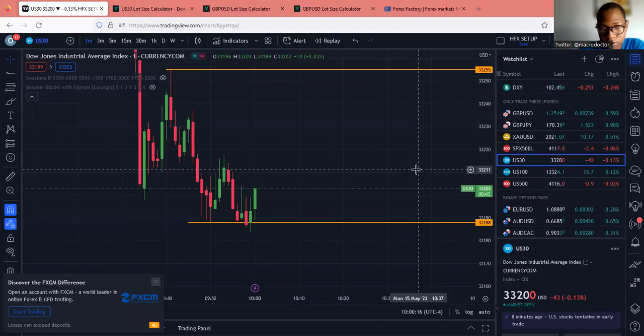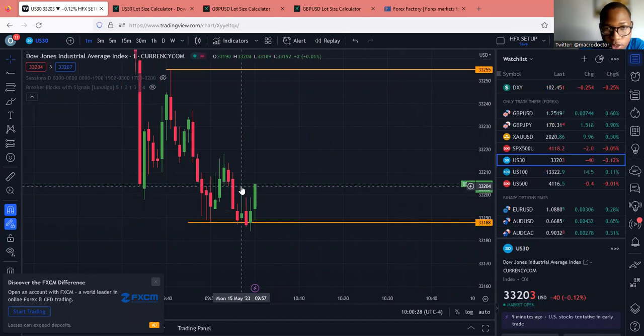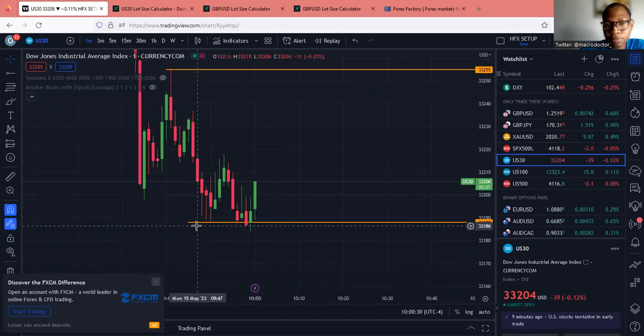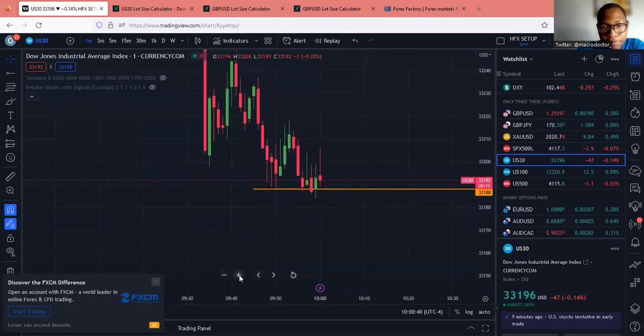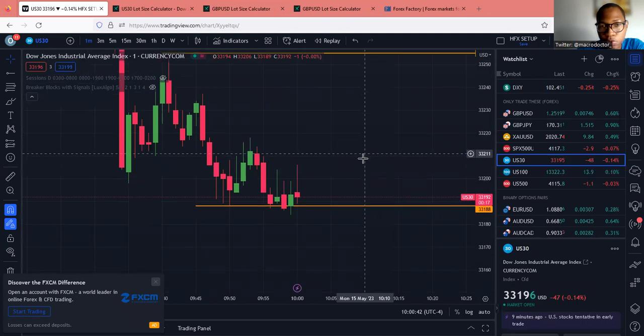And I'm about to get in for a buy. Once price closes, I'm going to wait for the close of the candle. If it closes above this high here, I'm taking it. So I'll just wait for the close of the candle. Let's see what price wants to do.